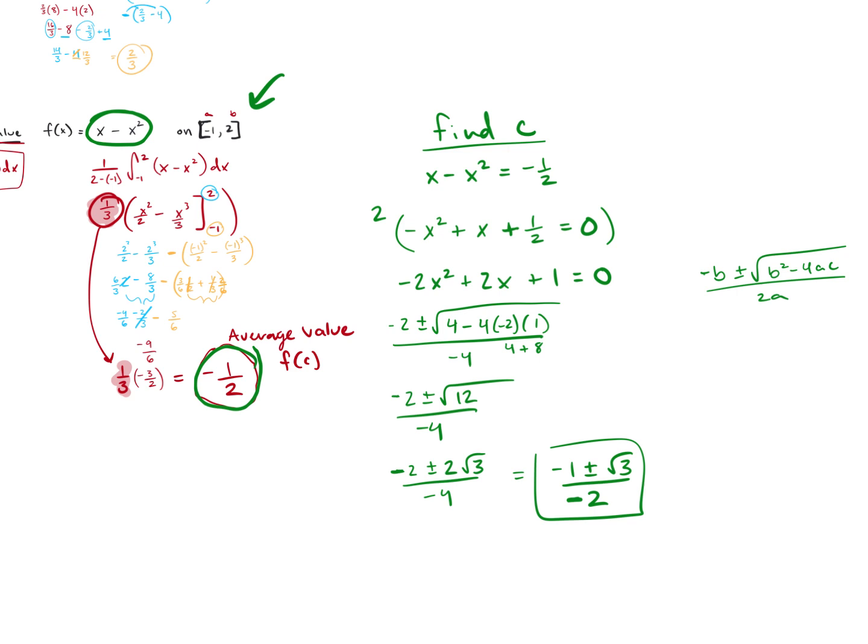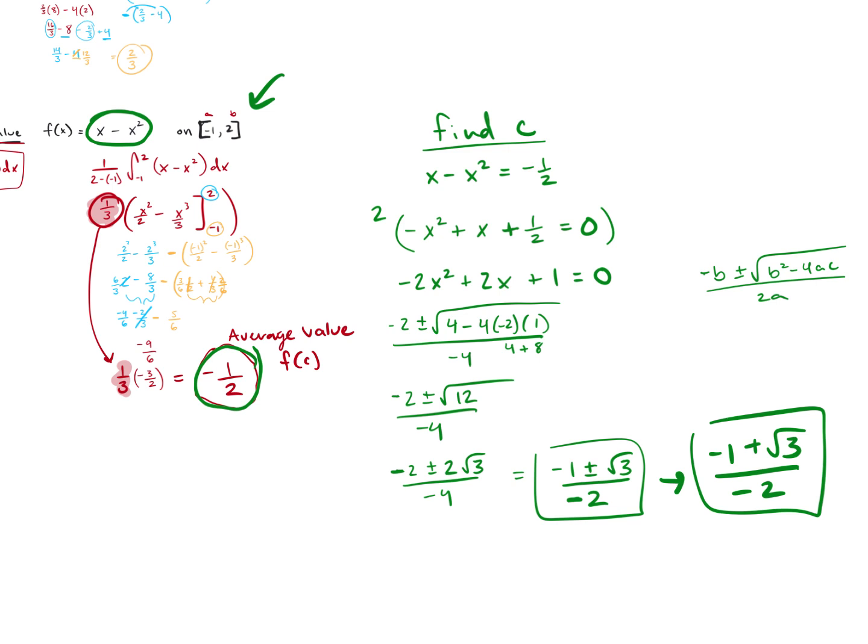Actually, the plus one might be. So I think that this one should be negative 1 plus square root 3 over negative 2. I think. We could plug it into the calculator to see for sure, but just check: your answer has to be in the interval. It has to be in between A and B.